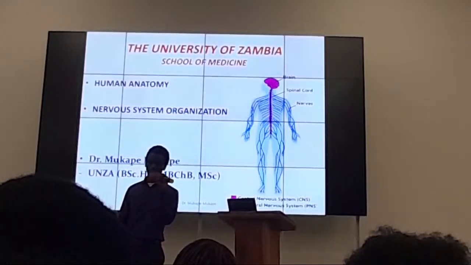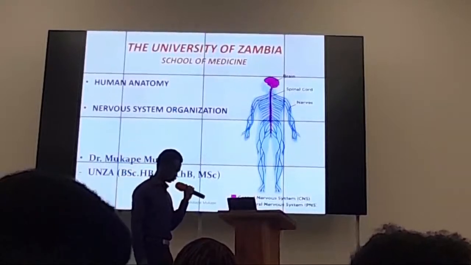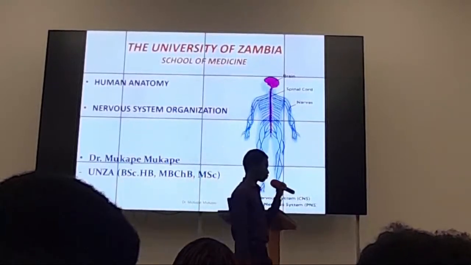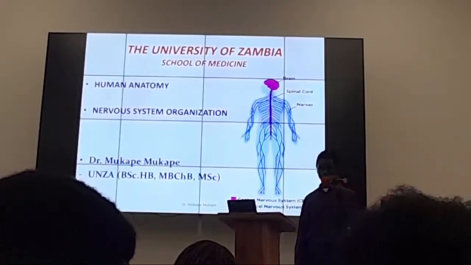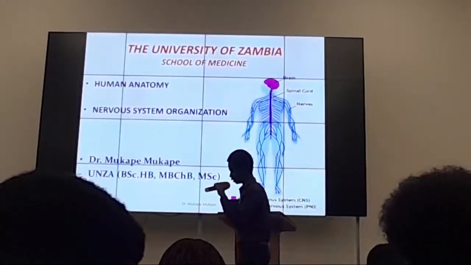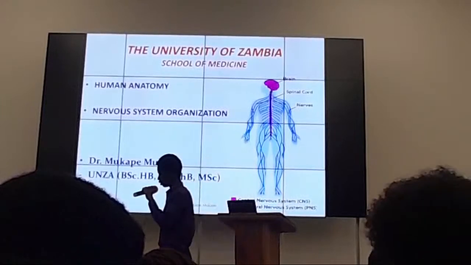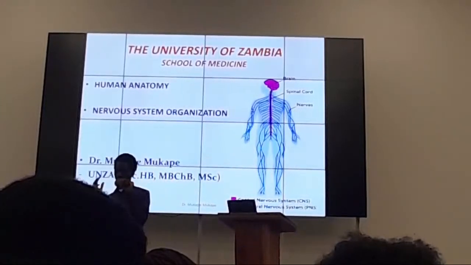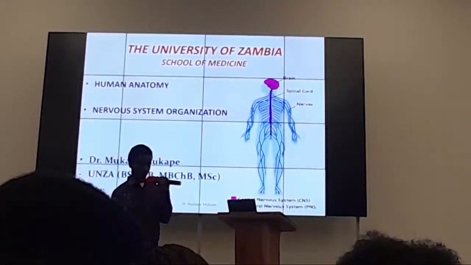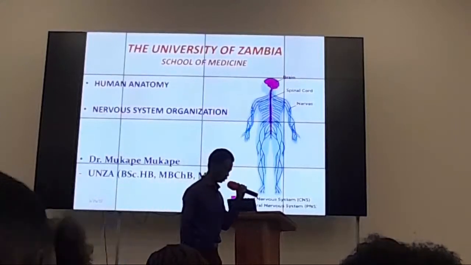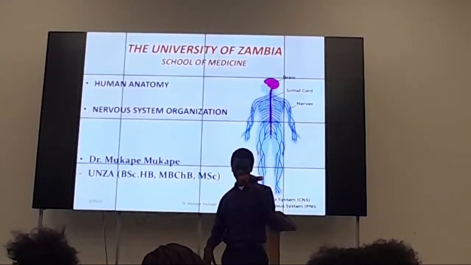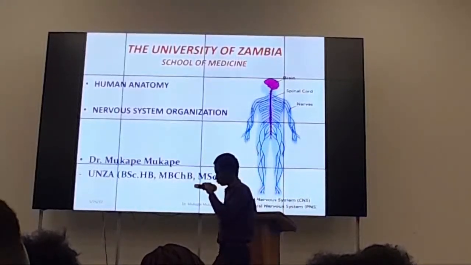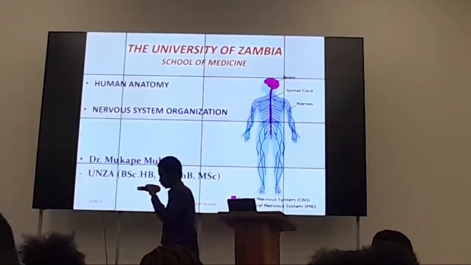Physiological classification of the PNS. Not the entire CNS, not the entire nervous system, but just the PNS. We isolate the PNS and classify it physiologically, or functionally, if you want.